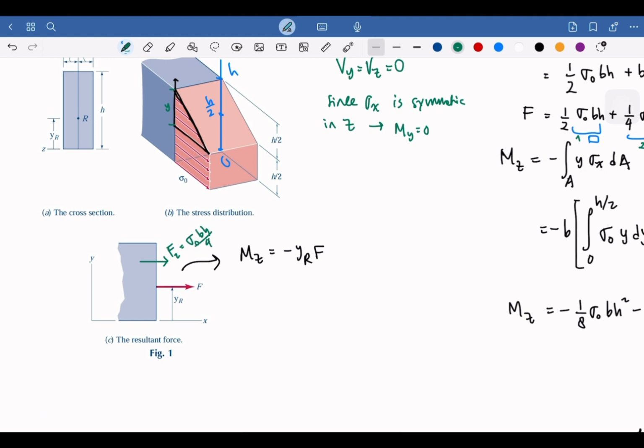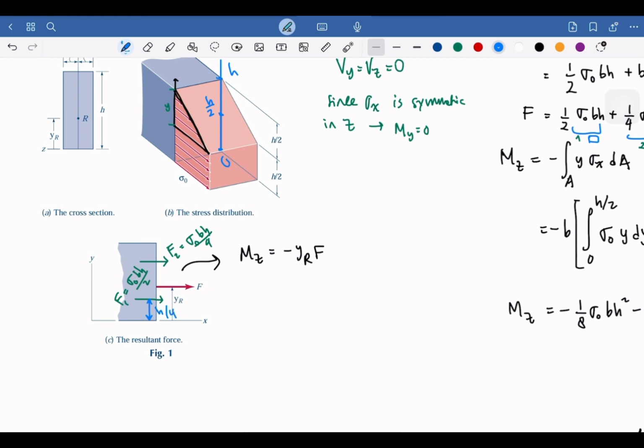And we have the F1, that is for the rectangle. This is sigma BH over 2. And now this height for the F1 will be the middle point of H over 2, so this will be H over 4, right?